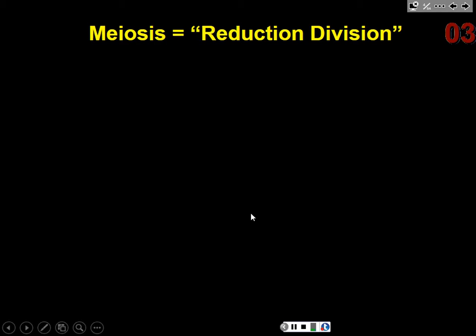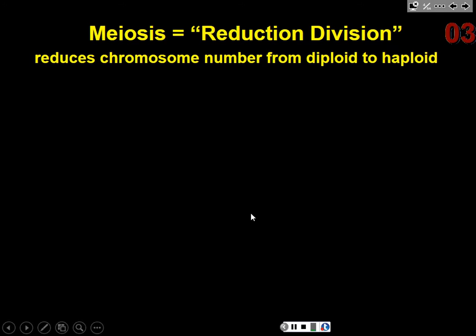Those tissues for higher animals are found in the ovary and the testes. It's going to reduce our chromosome number from diploid to haploid, which we said last week that diploid was 2 of each kind, and haploid is 1 of each kind. So we're going from 2N to N, from 2 of each kind to 1 of each kind.